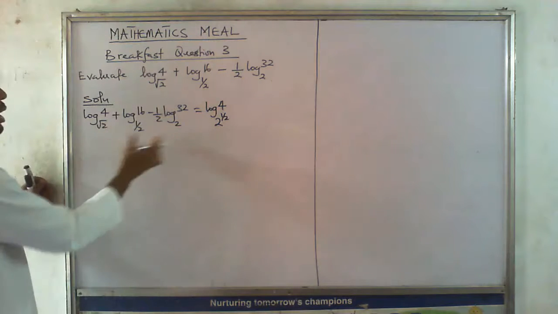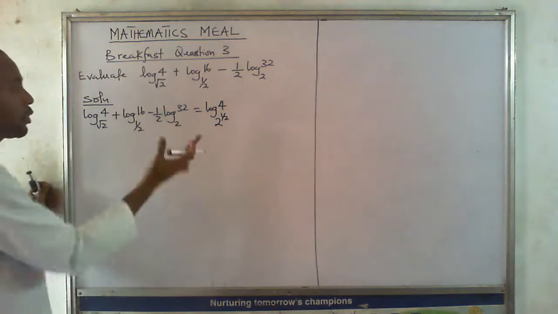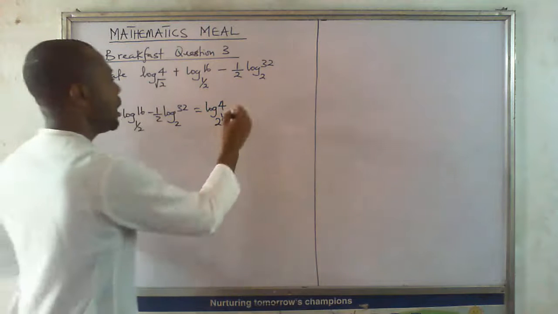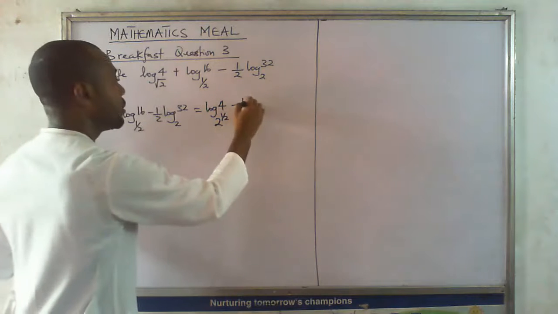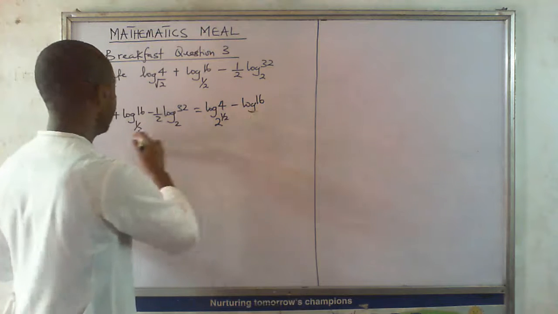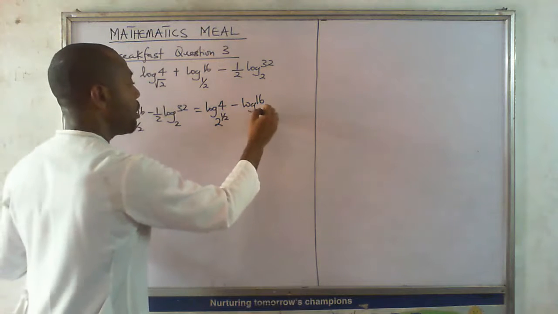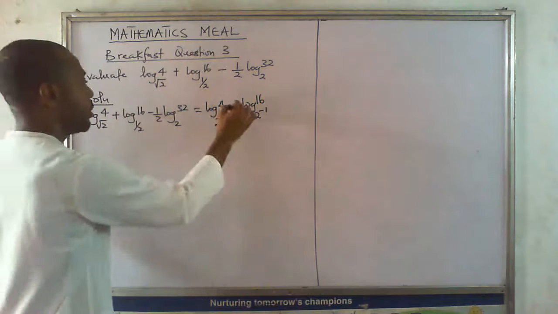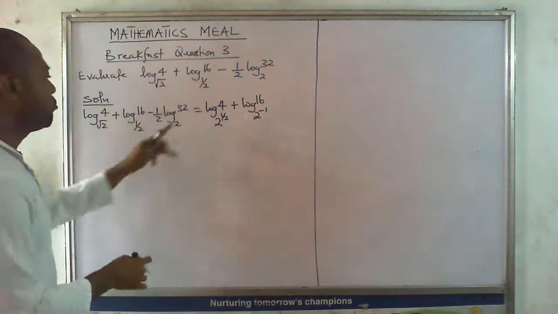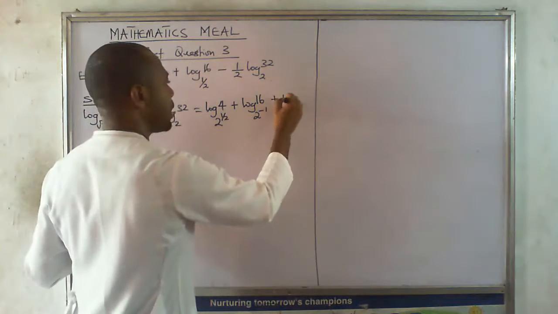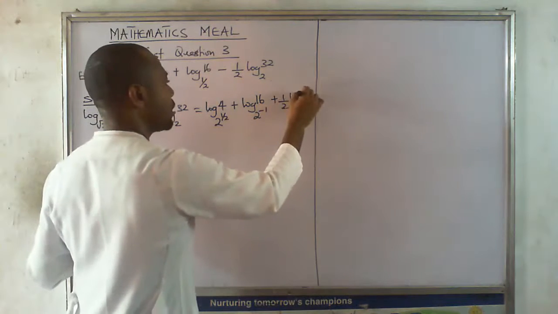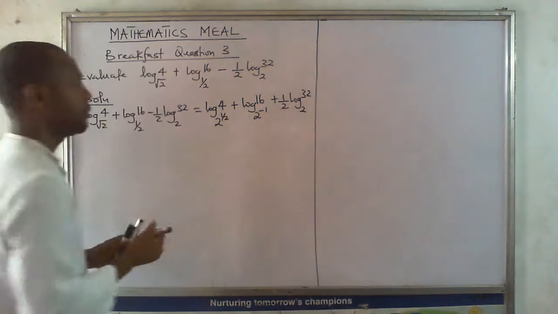Now 2 raised to power half is the same thing as square root of 2. Then I don't like this half, so I can write this as log 16 in base 2 raised to power minus 1. Sorry, what we have here is plus. Then I can still keep this as 1 over 2 log 32 base 2.